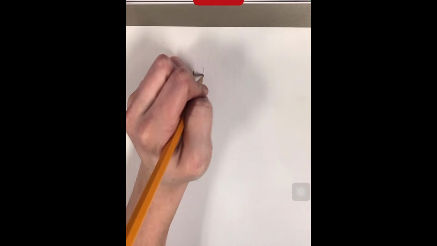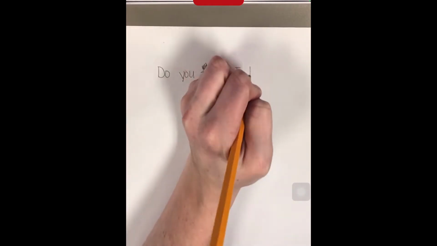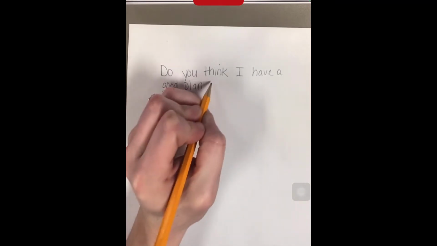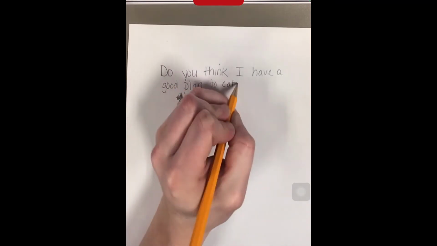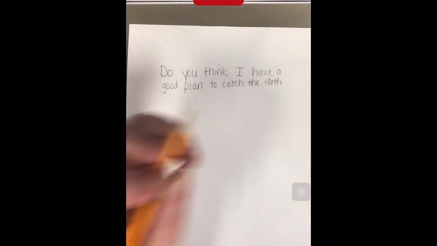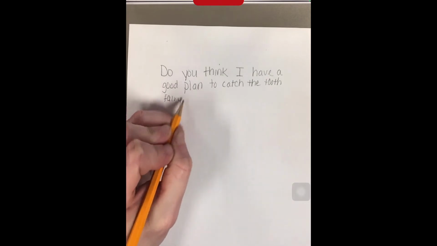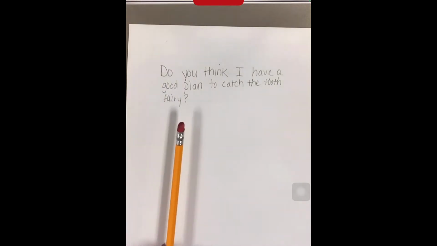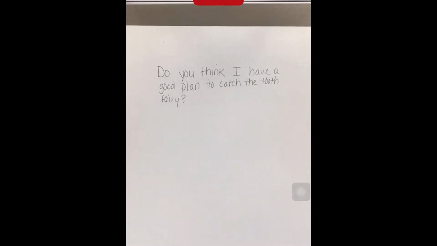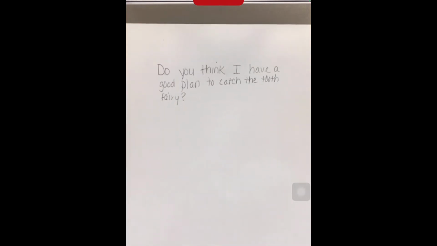Do you think I have a good plan to catch the tooth fairy? So I could ask the reader a question. Remember, my topic sentence talked about having a plan to catch the tooth fairy. So I use different words to write my wrap-up.